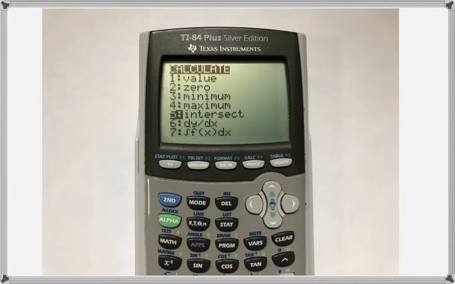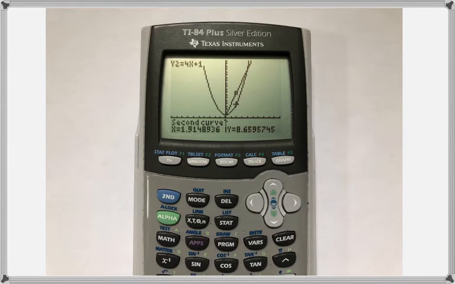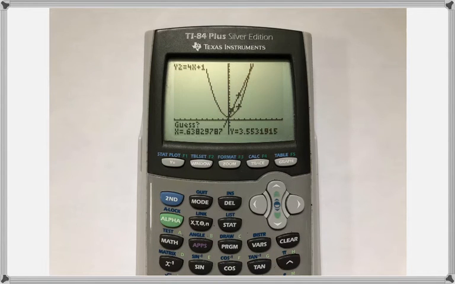So if you go to second calc and then intersect, we are going to declare our first curve and press enter, our second curve and press enter. So you're basically just declaring what two graphs you're trying to find the intersection point of.